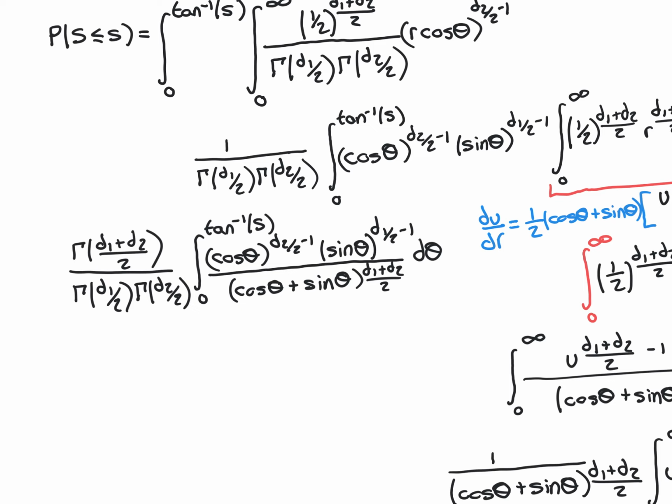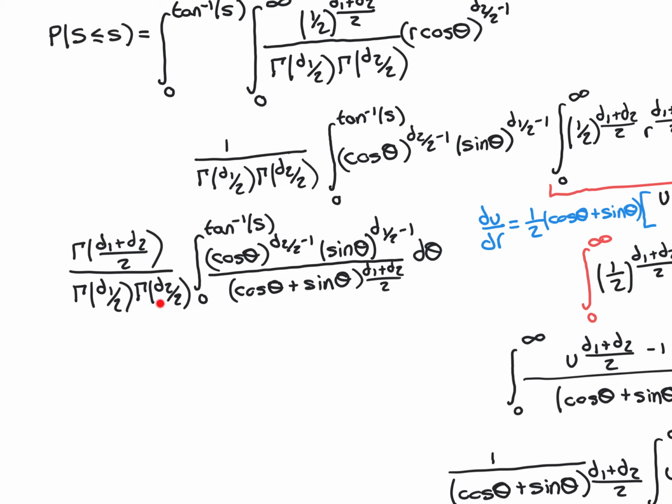So now, putting our answer for the inner integral back into the whole thing that we're trying to calculate, which remember is the CDF of our random variable big S for a positive little s value, this is what we're going to get. This over here is the inner integral that we've now worked out. So that comes out as gamma of (d1 plus d2)/2, which is a constant with respect to the outer integral, so I've pulled it out.